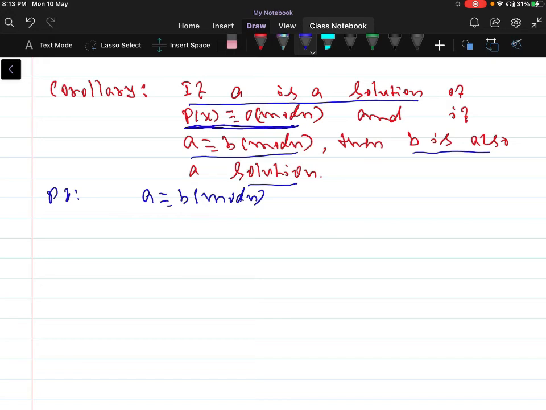So by using the previous theorem, we can write p of a is also congruent to p of b modulo n.